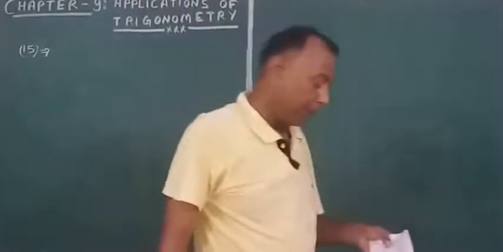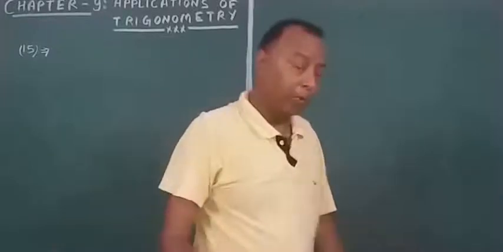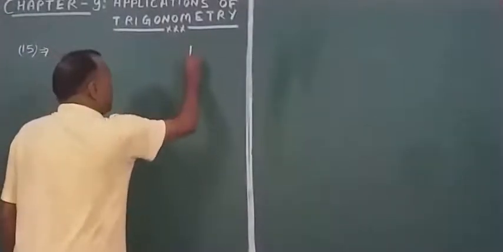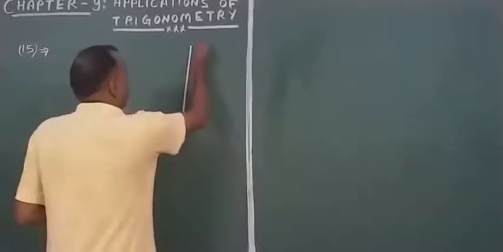A straight highway leads to the foot of a tower. एक जो स्ट्रेट हाईवे है, सीधा हाईवे है, वो किसकी तरफ आ रहा है? फुट ऑफ द टावर. Suppose this is the tower AB.